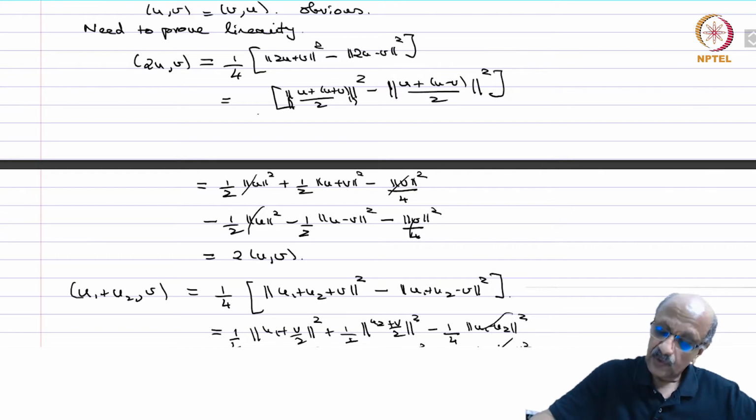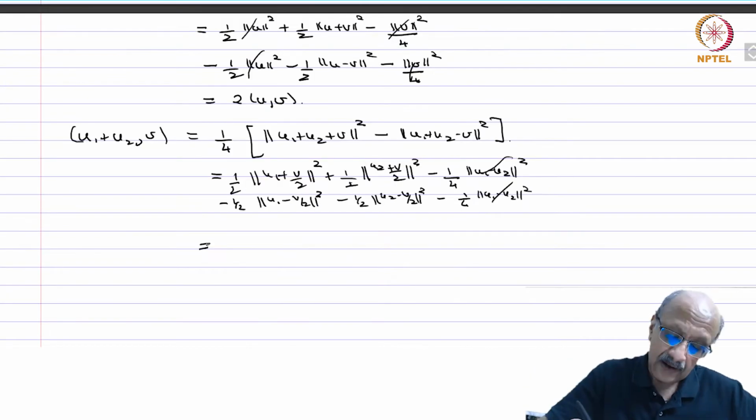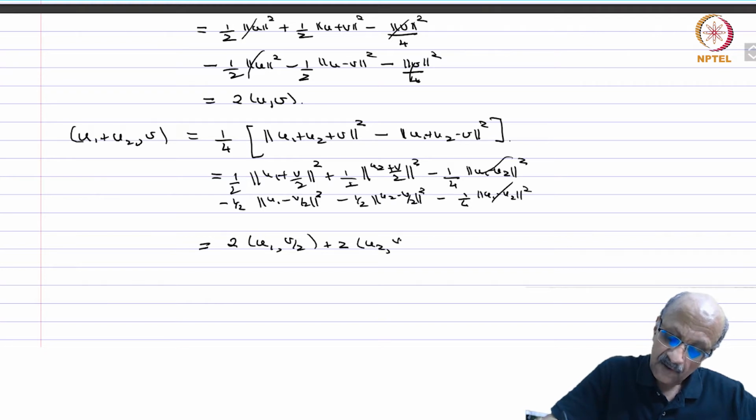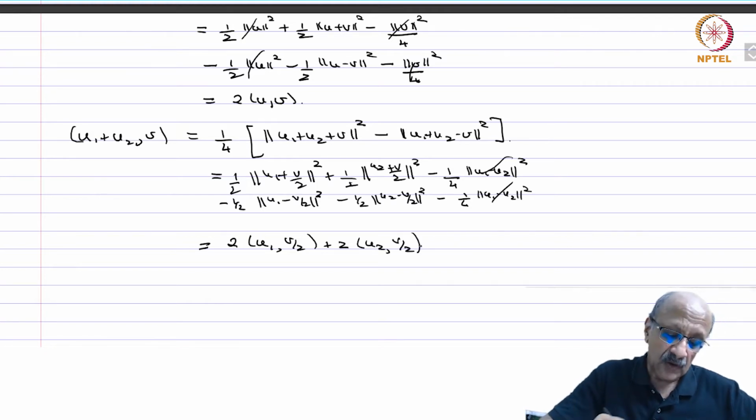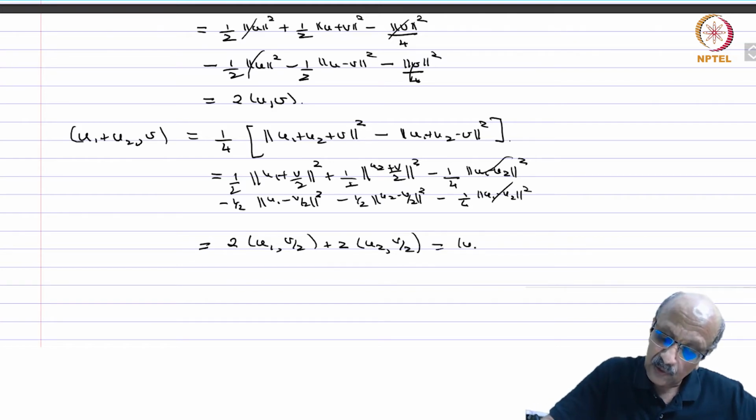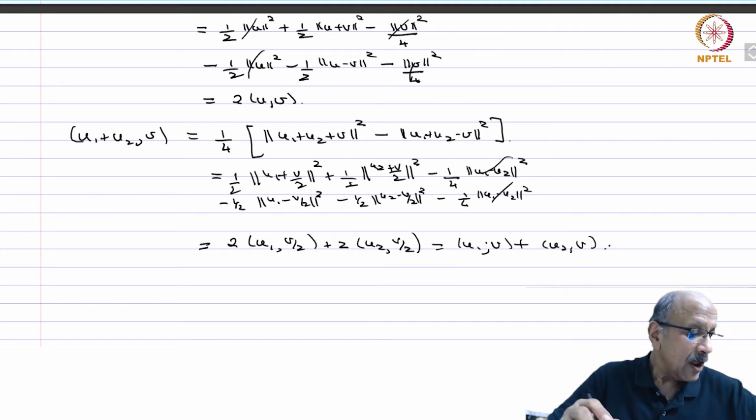Again these two get cancelled out, and the first two terms and the next two terms are nothing but 2 times (u1, v by 2) plus 2 times (u2, v by 2). But you just saw that (2u, v) is 2 times (u, v), so that's equal to (u1, v) plus (u2, v). So (u1 plus u2, v) is (u1, v) plus (u2, v).